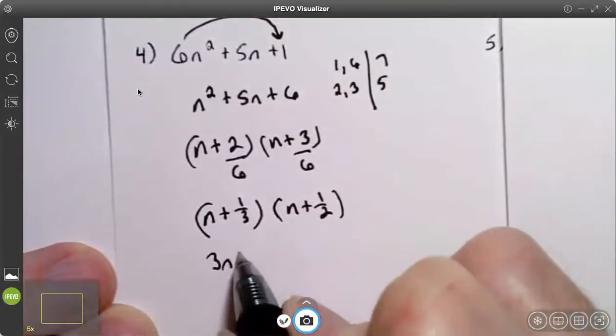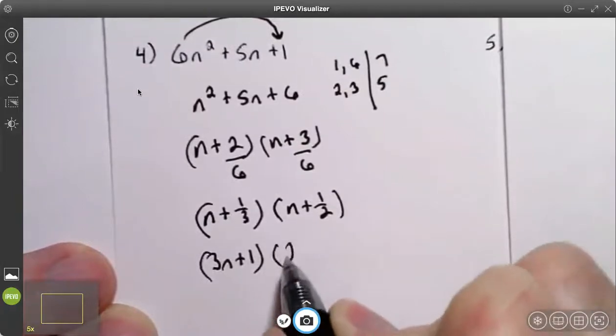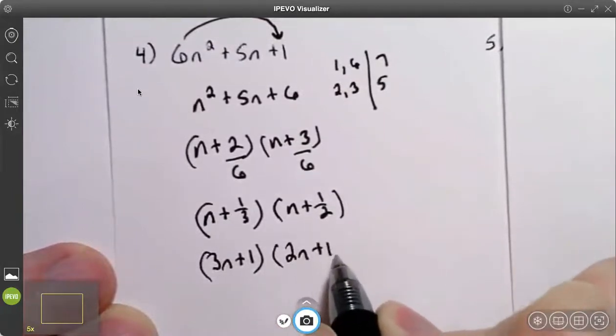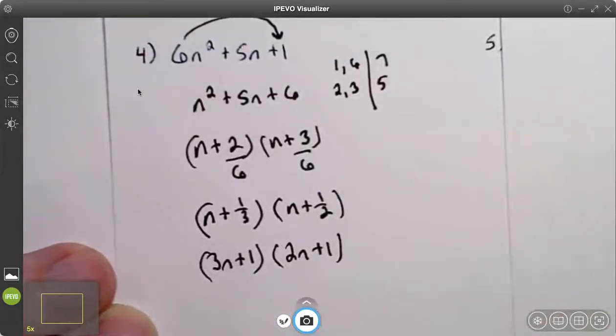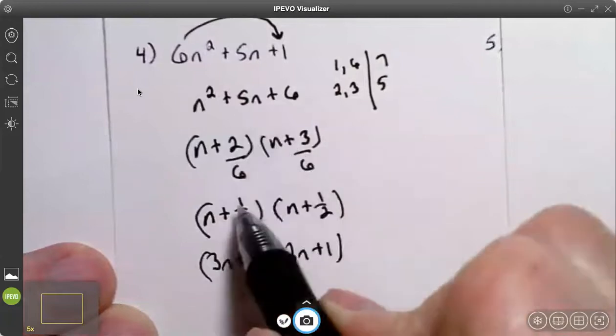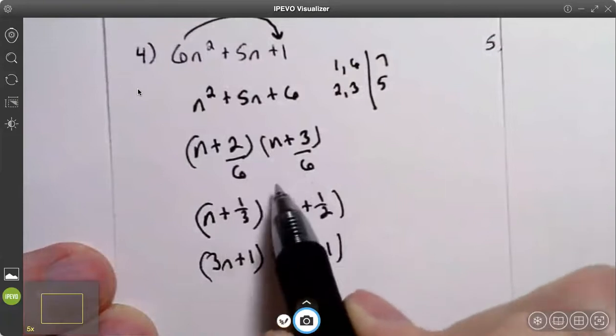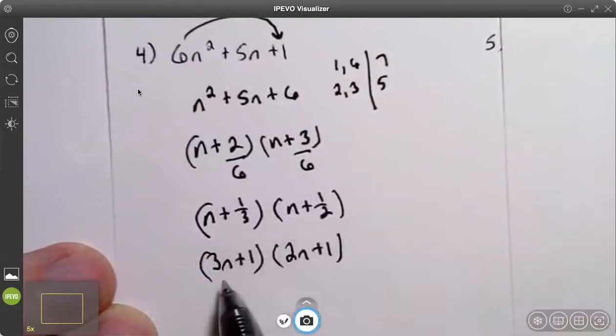That gives me 3n plus 1. Swing my 2 back here. That gives me 2n plus 1. And that is my answer. Swing, factor your trinomial, divide by what you swung, and after you've simplified the fractions, swing back.